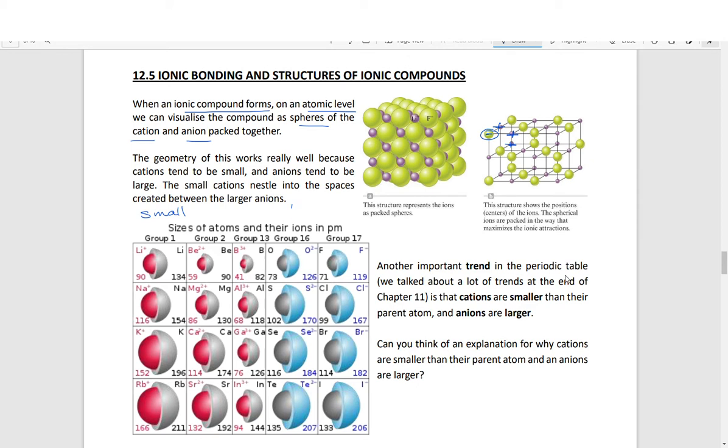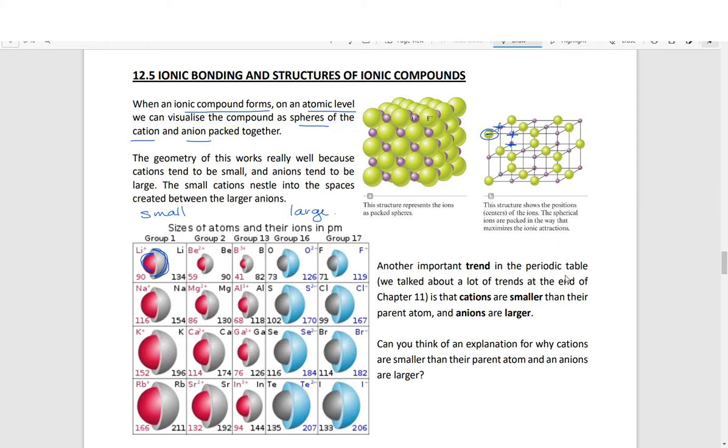and anions are large. Another important trend is that we talked about the relative size of the radius, right? As we take a look at the atomic radius here, we can compare it to the ion. Lithium as an element is bigger than the positive ion.